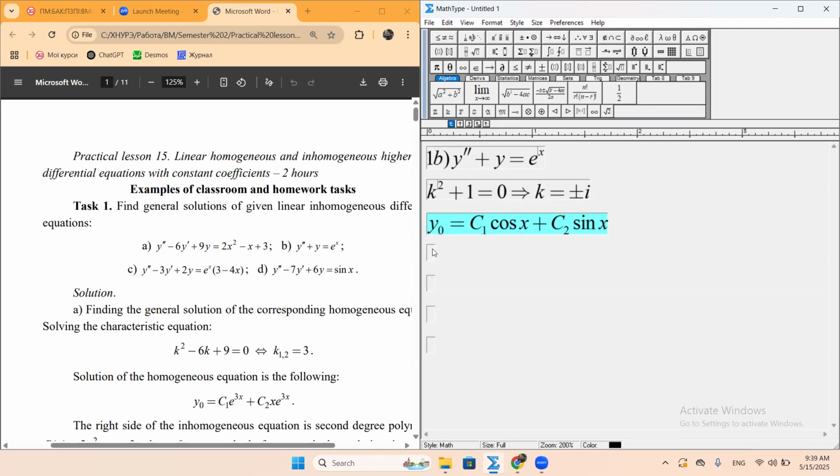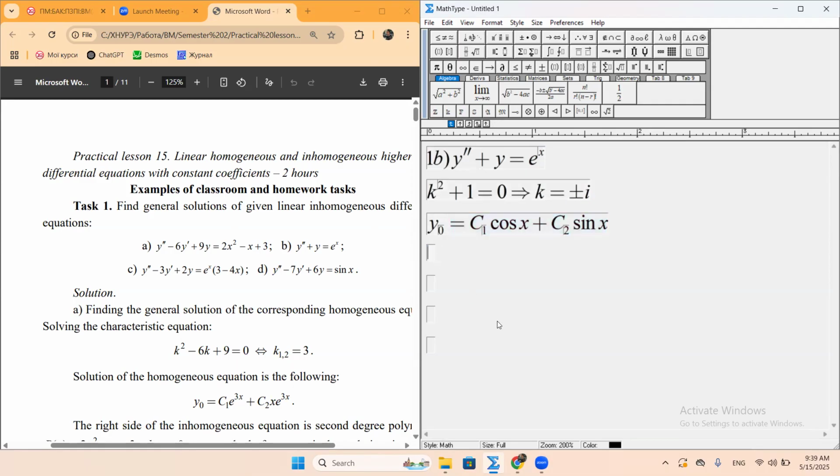So this is the solution of the homogeneous equation. And what about the partial solution? We can see that the right part is the exponent, and the control number, the coefficient in the exponent, equals 1. And it is not a root of the characteristic equation.